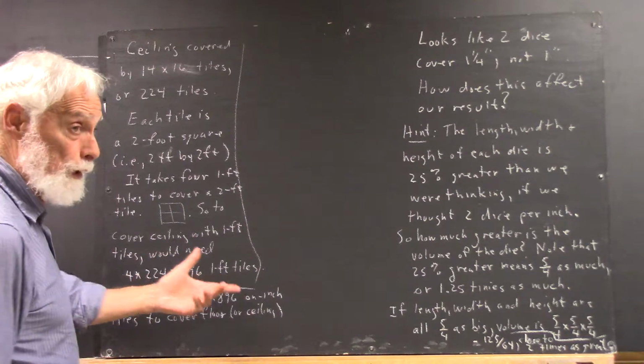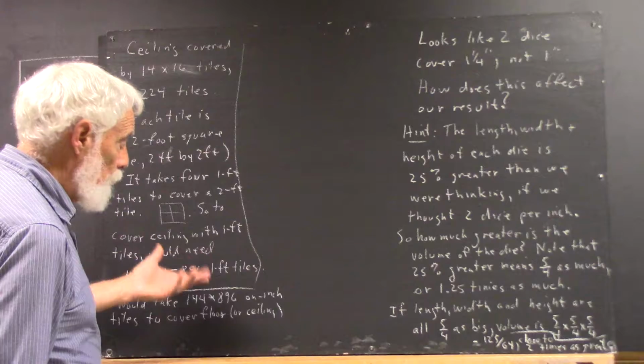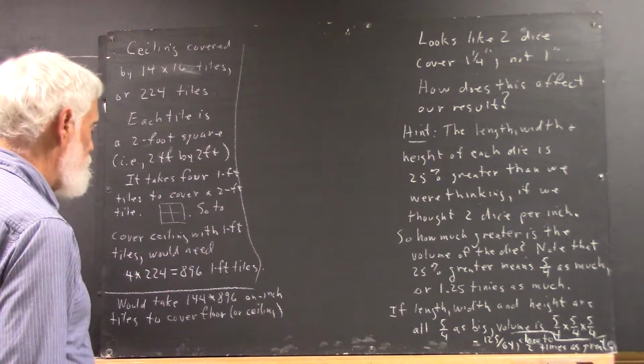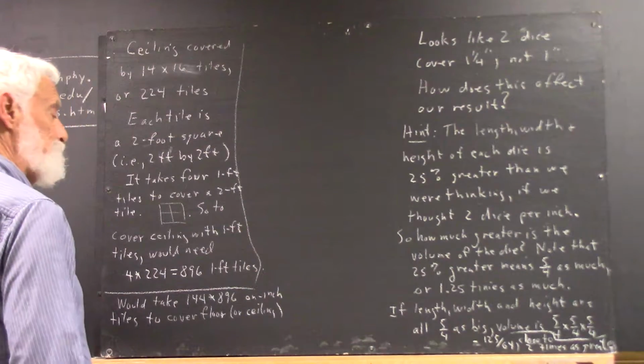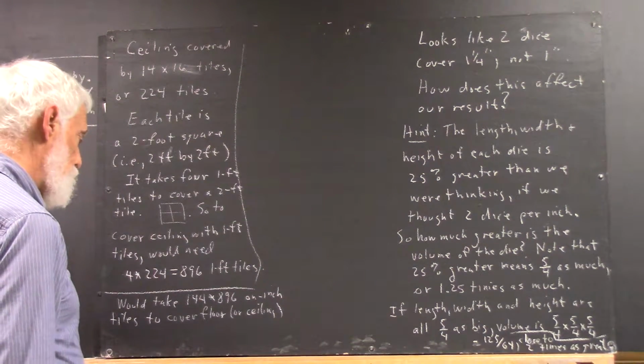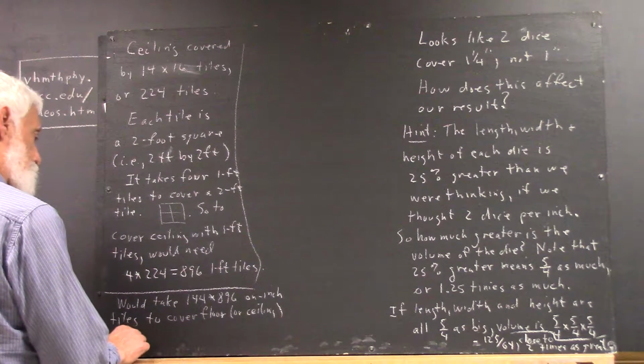Let's see, 144 times 1,000 would be 144,000. 144 times 100 is about 14,400, not 1,440. So 144,000 minus 14,400 is going to give you about 130,000.